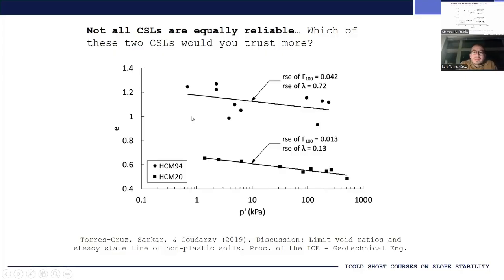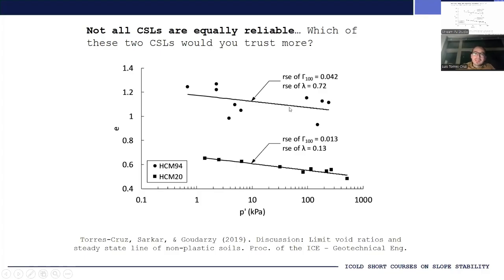The other thing that I would like you to keep in mind is that not all critical state lines are equally reliable, and this is particularly important when considering the void ratio versus p prime projection. Oftentimes we're going to have the points right in this plane, and you're going to do your best fit, and you're going to use that best fit to get a value of gamma and a value of lambda, and that's it.